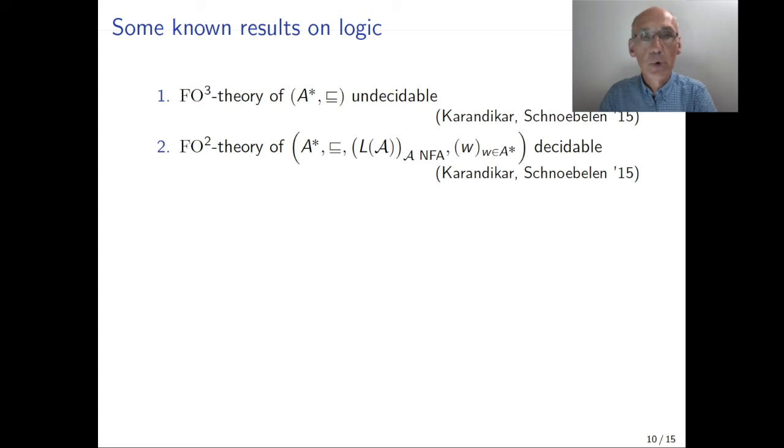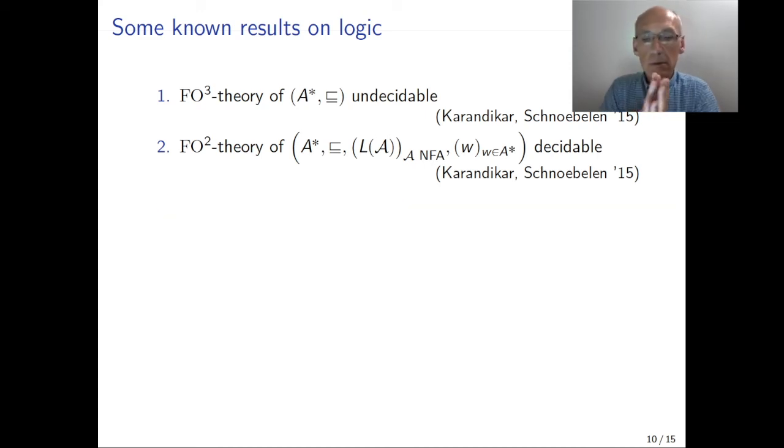What makes this result even more remarkable is the positive counterpart, namely that the FO2 theory, only 2 variable names, becomes decidable, and then you can even add regular predicates as well as constants. Very same paper, FO2 theory decidable, FO3 theory undecidable, even without constants and predicates.